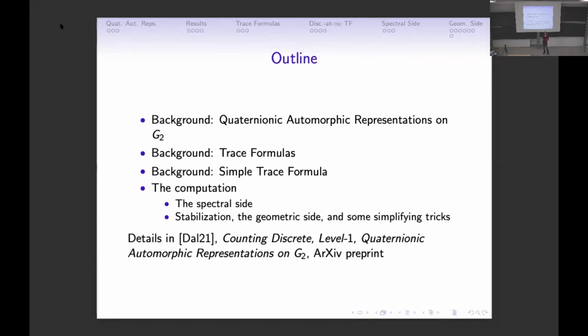And then I'm going to go over some details of the exact computation, specifically what happens on the spectral side and what difficulties come up there, and then what happens on the geometric side and what difficulties come up there. And the details are all on arXiv, and it's a pretty short paper, so it's not too bad.